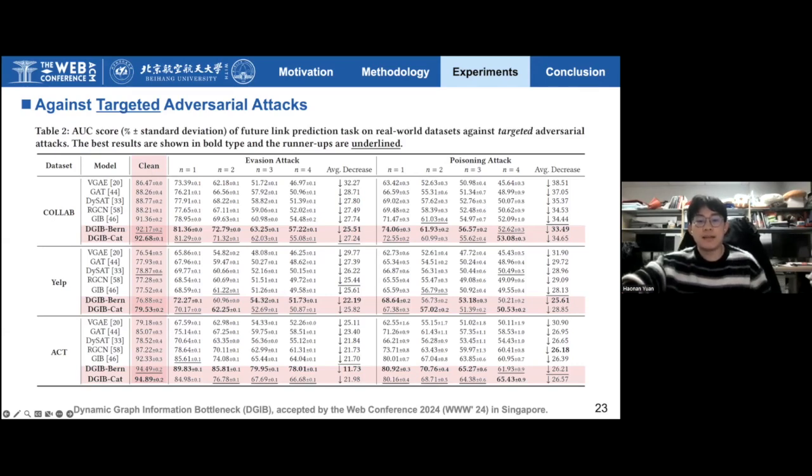And we can find that the DGIB-Bern and DGIB-Cat outperform all baselines under different settings. Results demonstrate that our DGIB is robust under challenging evasion and poisoning adversarial attacks. And comprehensively, the DGIB-Bern owns a better performance in targeted adversarial attacks with a lower average AUC decrease, while the DGIB-Cat is better in the non-targeted adversarial attacks.